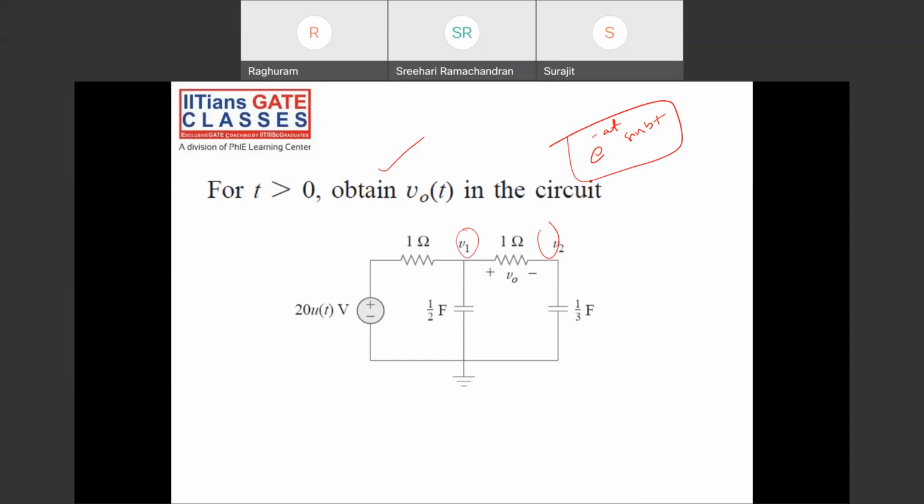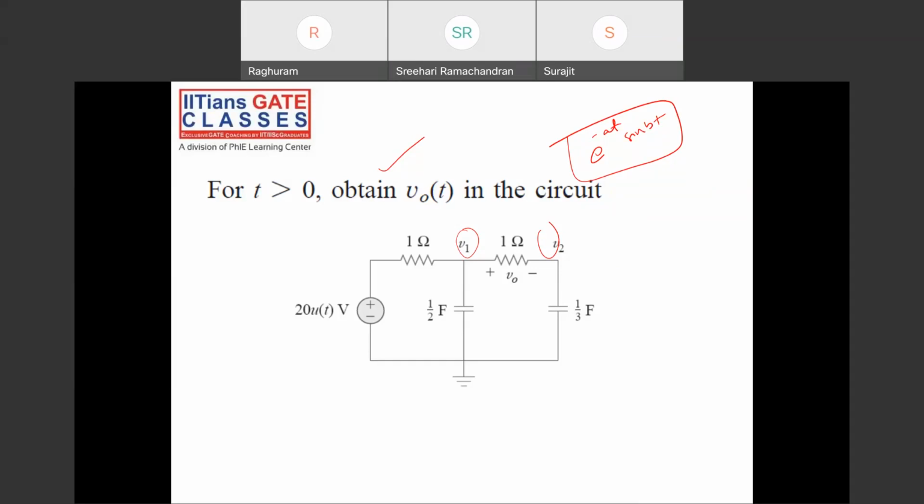These are very important. t equal to 0 plus is the transient, t equal to infinity is the steady state condition. So for transients, most likely first order circuits, those four equations are given. In the case of second order circuits, all these concepts are important.